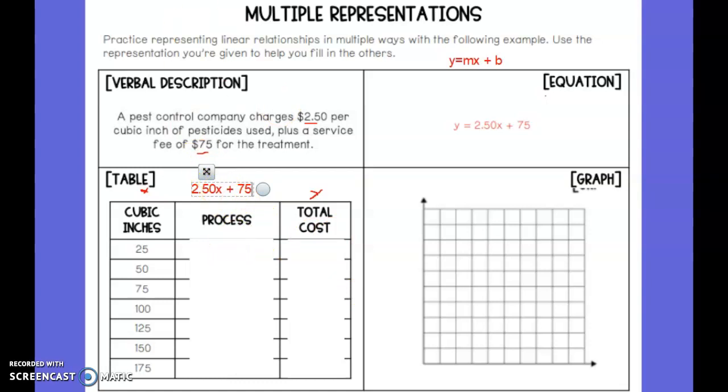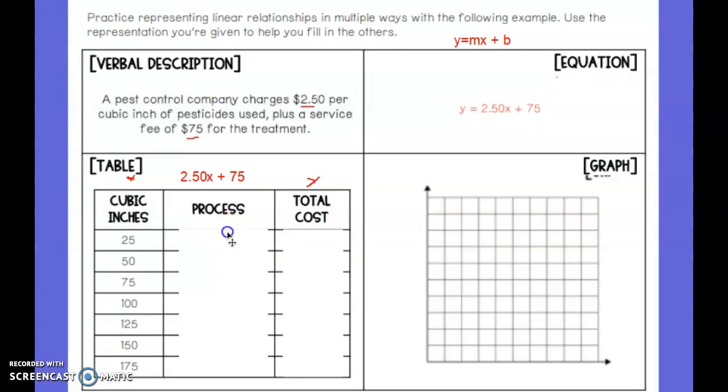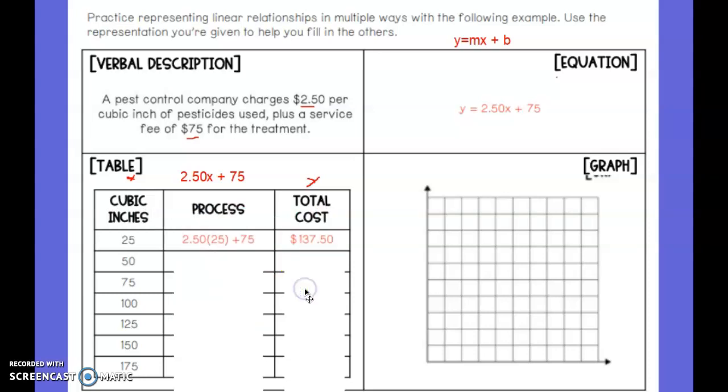So for 25 cubic inches of pesticide, the total cost is going to be $137.50. For 50, it's going to be $175, for 75, it's going to be $200, and so on.